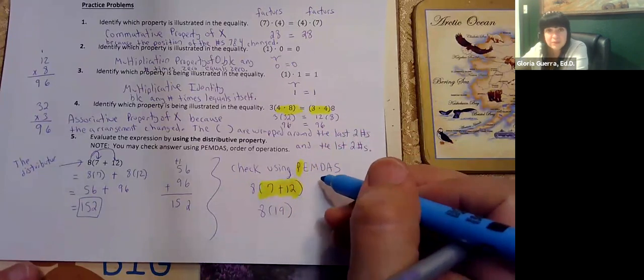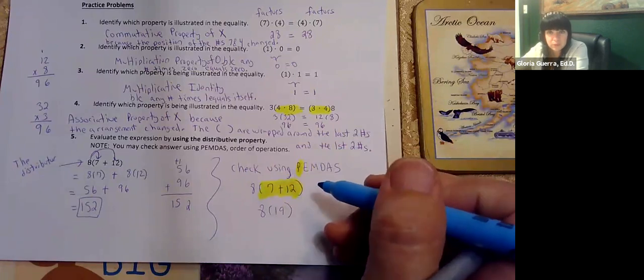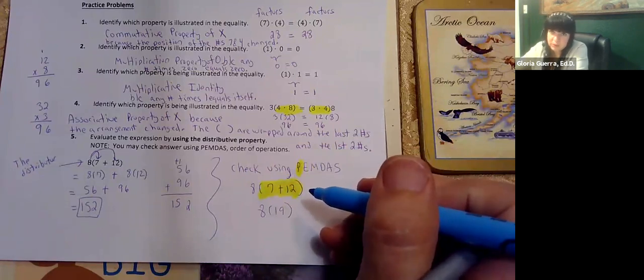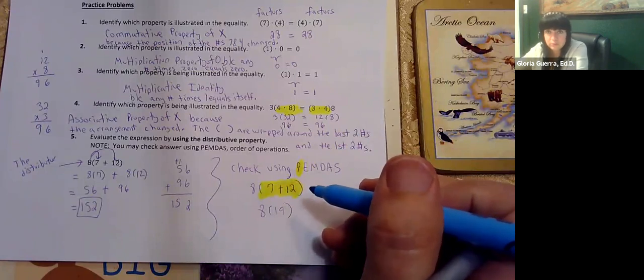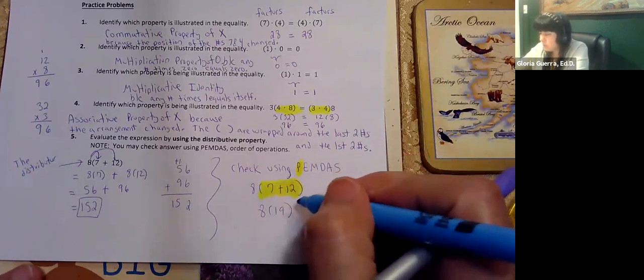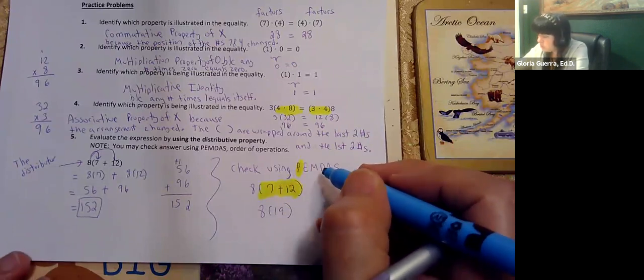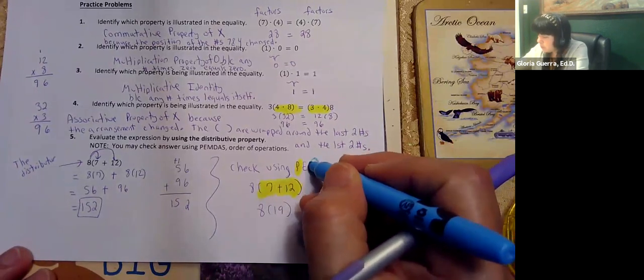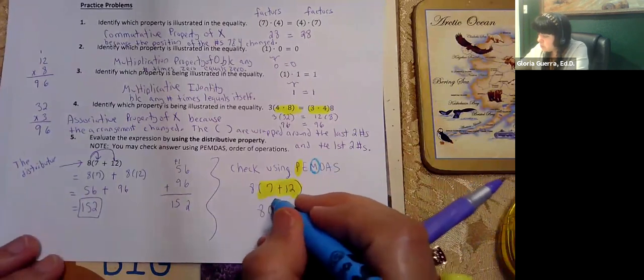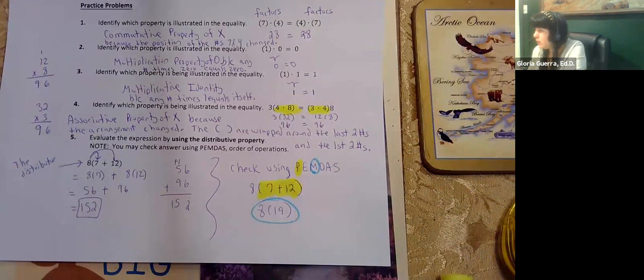But then the MD, you do those from left to right, whichever comes first, multiplication or division. So you've got to be flexible with that. But in this problem, you only have multiplication. So that's why you do the M next, which is 8 times 19.